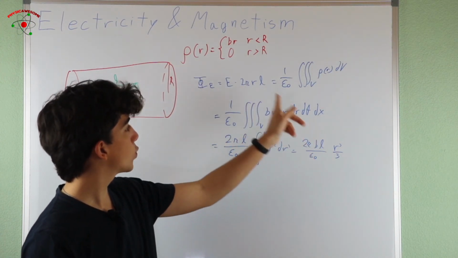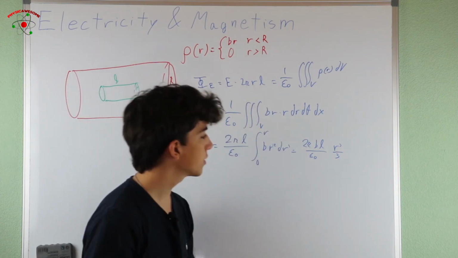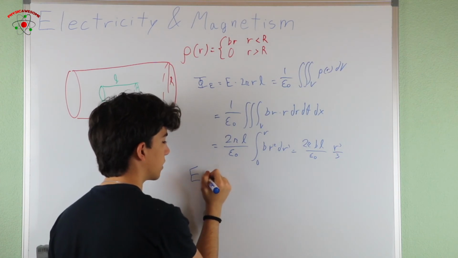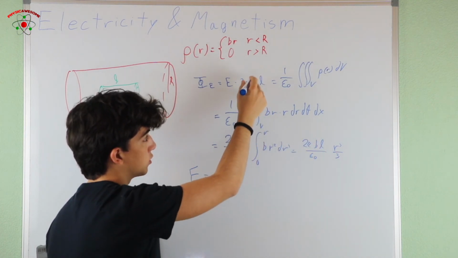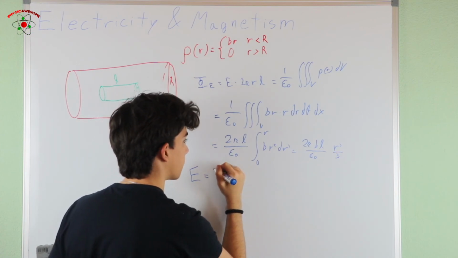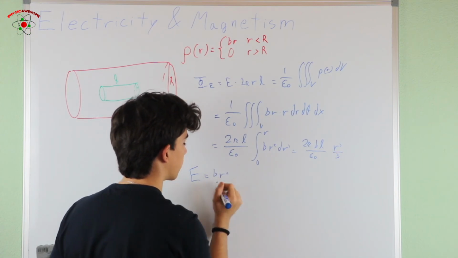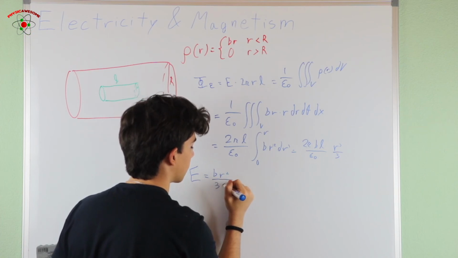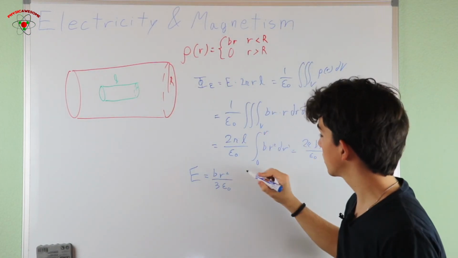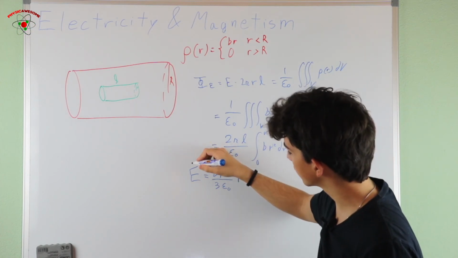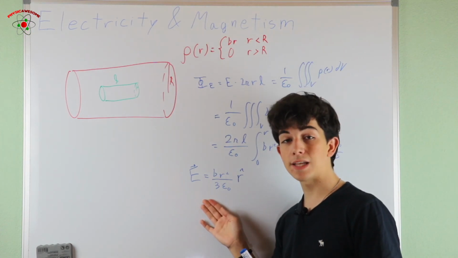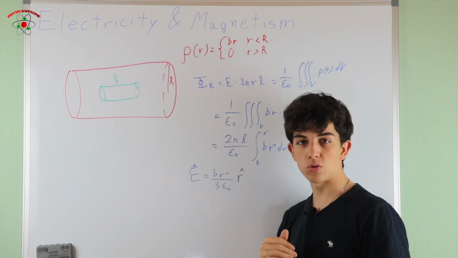Now we need to equate both sides of the equation, and we find that the electric field is going to be equal to, the 2 pi r L cancels, and you get B r squared over 3 epsilon naught. And we need to stick the r hat vector to it. And this is the electric field inside a non-uniform cylinder.